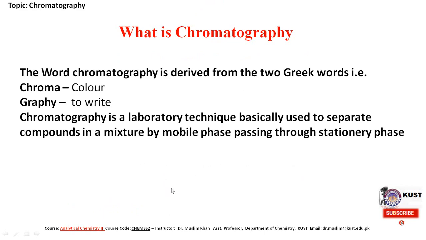First of all, the question is, what is chromatography? The word chromatography is derived from two Greek words. Chroma means color and graphium means to write. Chromatography is a laboratory technique used for the separation of different components of a mixture on the stationary phase by passing a mobile phase through it.